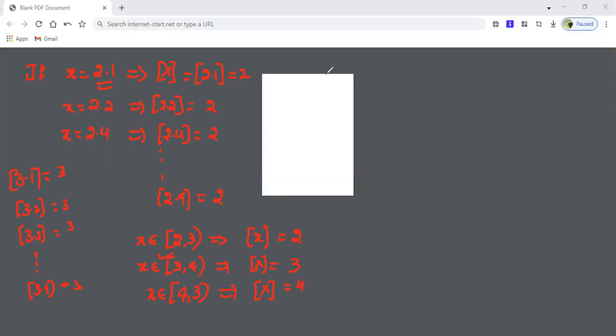If you draw a graph, it will be more clear. So say this is our graph. We draw the x-axis and y-axis. This is my 0, say this is 1, this is 2, this is 3, 4, 5, and this is -1, -2, -3, -4, and it is on the complete real line.